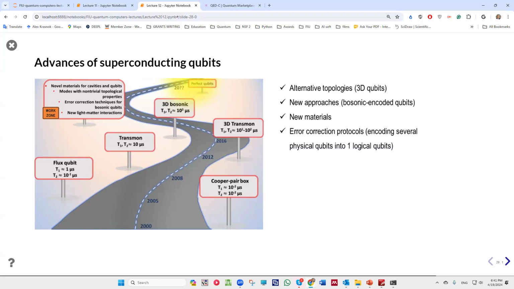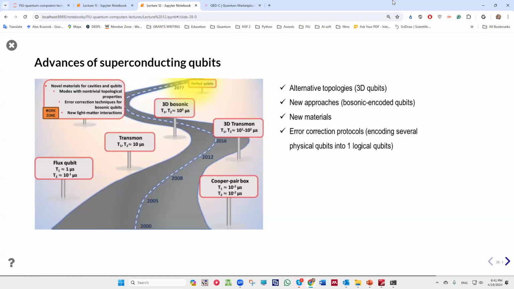When you replace logical qubits with a number of physical qubits, for example, when you read about a 50 qubit circuit, a 50 qubit platform, most likely it means that you need to multiply this number by something like 8, depending on the type of error correction, because one logical qubit is created by a number of physical qubits.